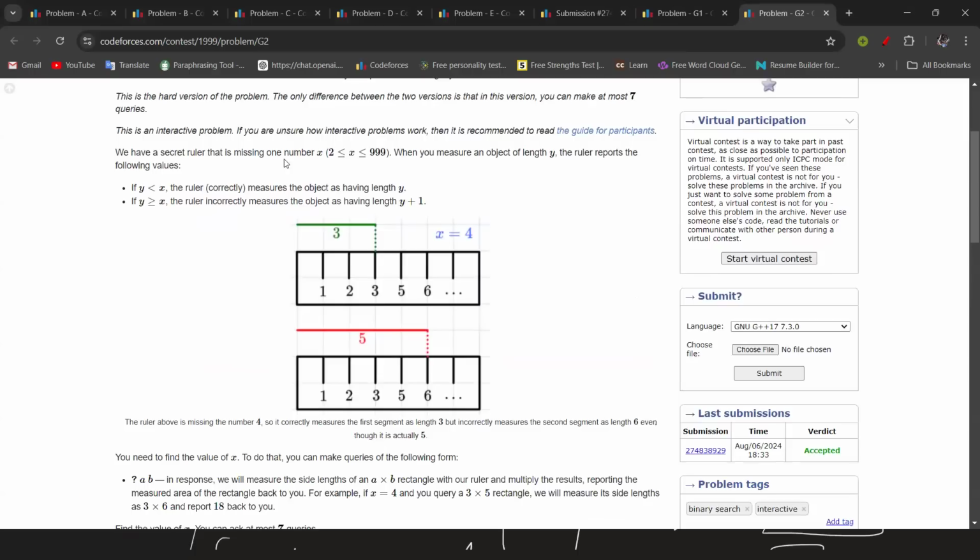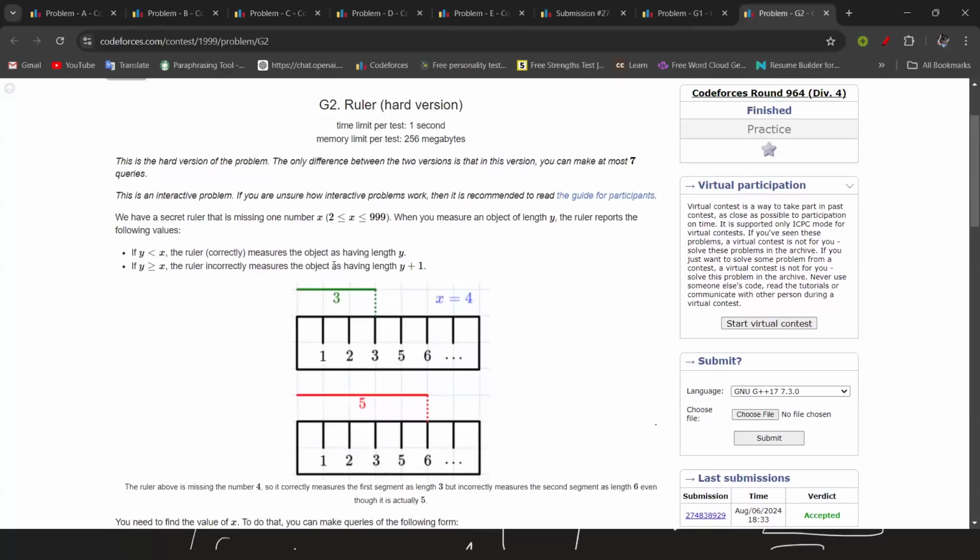What we are given here is a secret ruler that is missing a number X, and X can be in the range from 2 to 999. If you look at this ruler, X is 4, so it is missing 4. After 1, 2, 3, there is 5, then 6, like that.